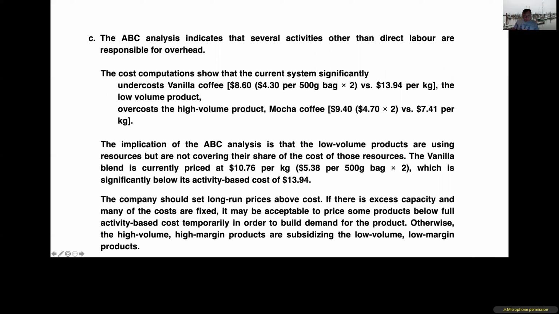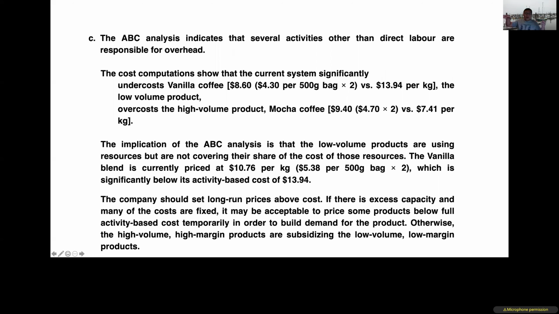So if this is a new product and you are trying to start a new market, of course, when something is new, the market probably doesn't know about this product. Therefore the demand is small, so in the beginning this is a low volume. But if you believe that in the long run, when you build the brand, there will be an increase in the demand for this product, then the product will switch from a low volume to a high volume product.